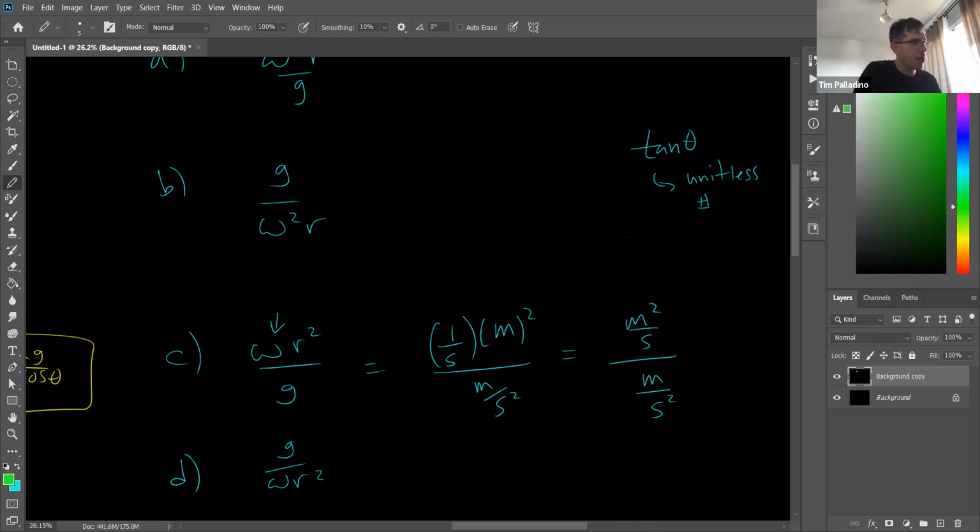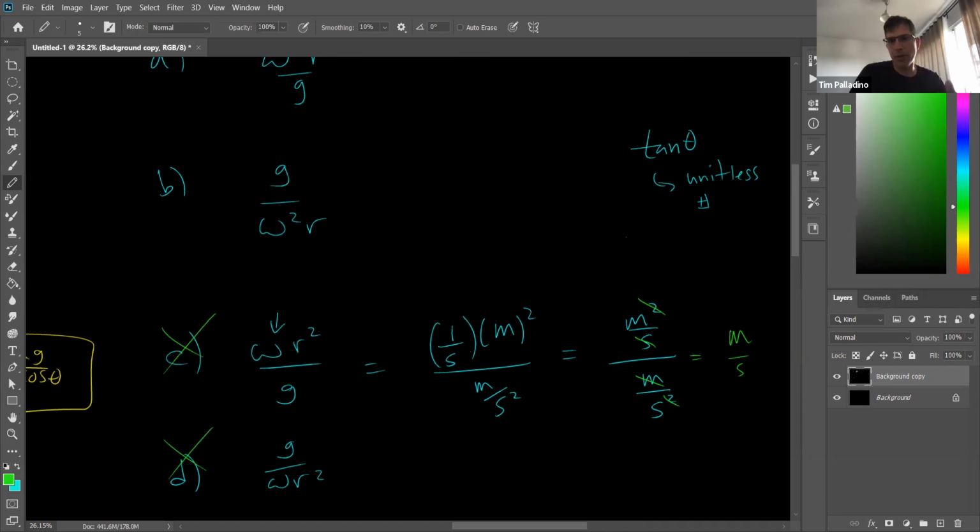If we cancel out the like terms, this works out to units of meters per second. Since this one actually has units, letter C and therefore letter D can't be our possible answers.